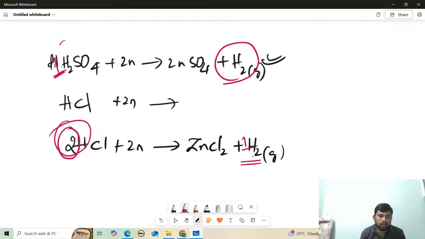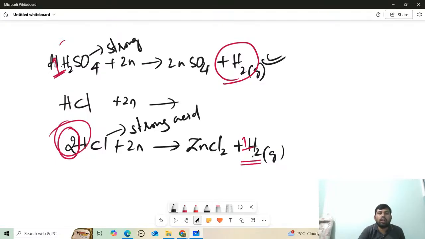This is one point you should understand. One more thing, this is also a strong acid, so no need to worry whether the production of hydrogen will take place to the same extent or not.